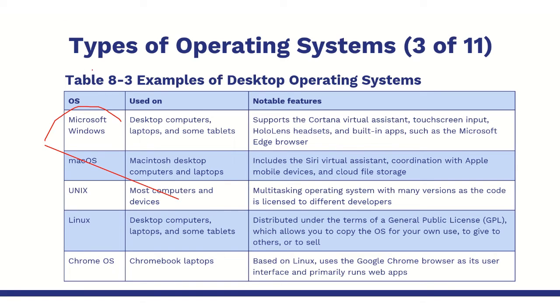It is used mostly on desktop computers, laptops, and some tablets. There are server utilities as well for Microsoft Windows these days. If you go to Amazon Web Services, you will see a lot of Windows servers can be installed there, included as a part of their elastic computing platform.